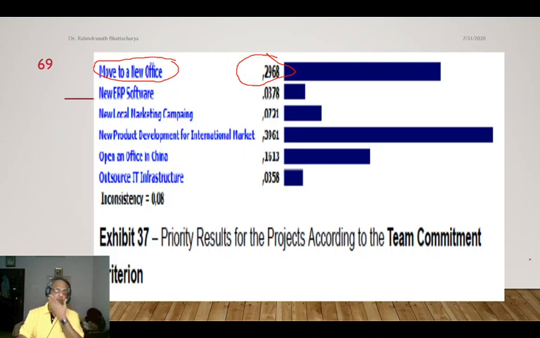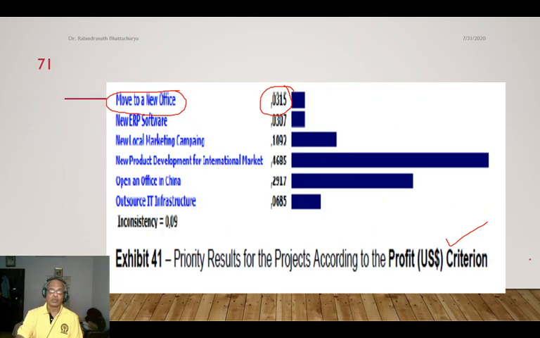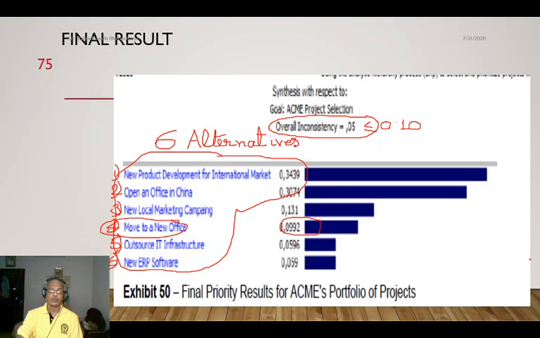And here what we are finding, the move to new office is the most important, and the new product development for international market is also important. So these are the two areas where the company will have to work. This is the final result. So 6 alternatives. So new product development and open an office in China.